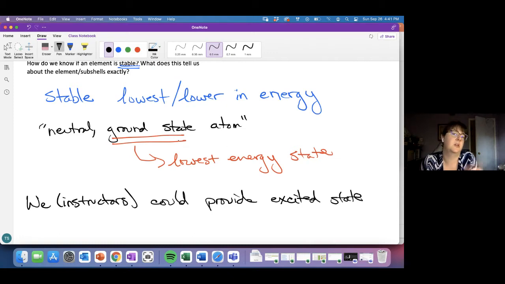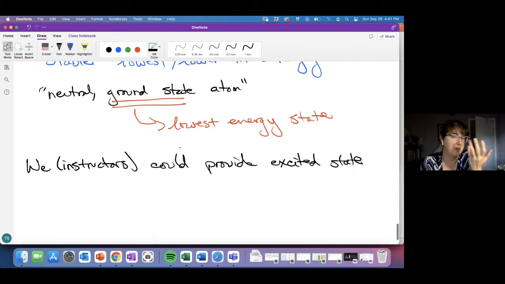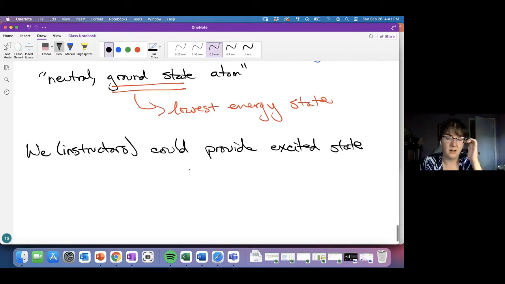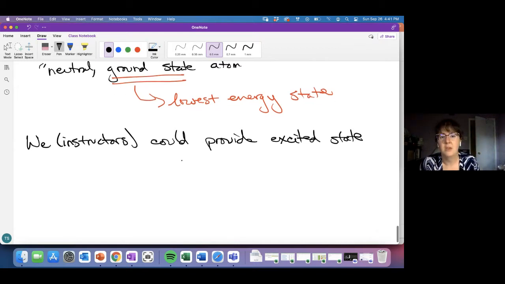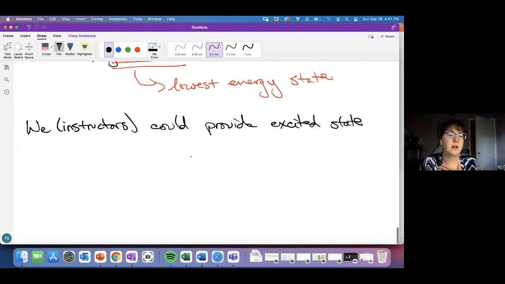But we would not expect you to come up with one, essentially because there's an infinite number of excited states. So we could do something where I'm talking about something that has 8 electrons, so this would usually be oxygen.